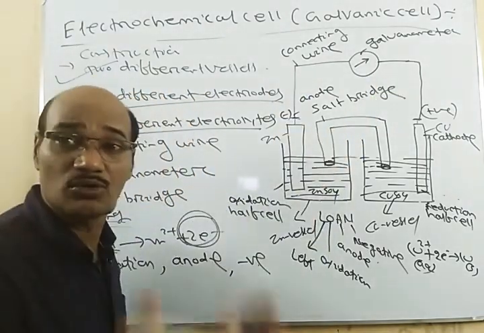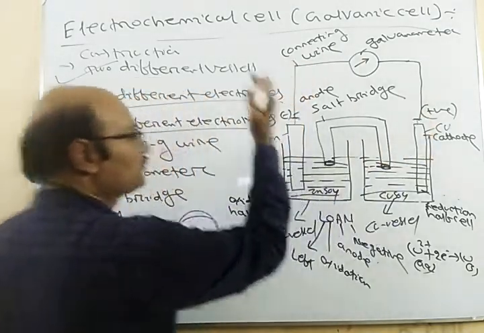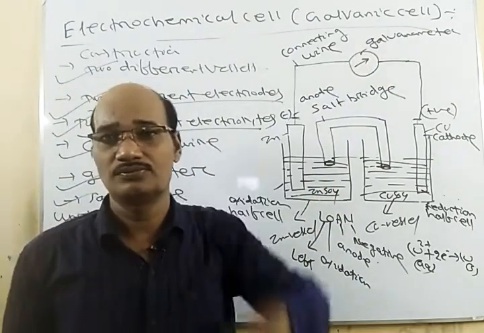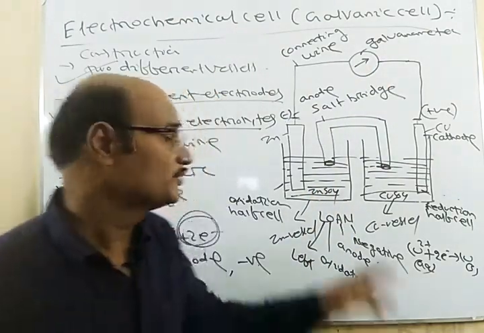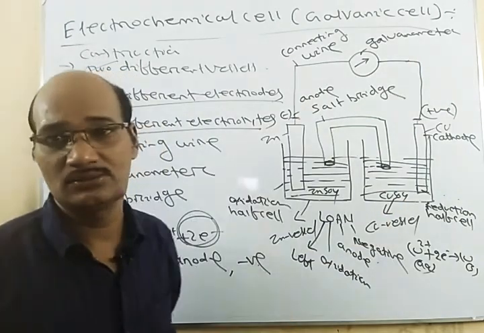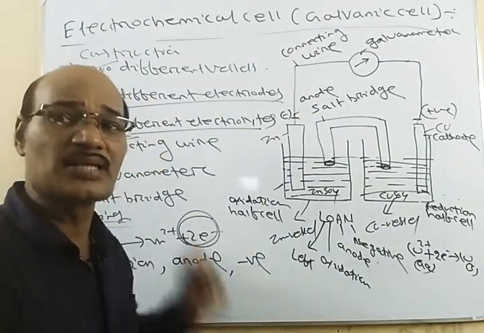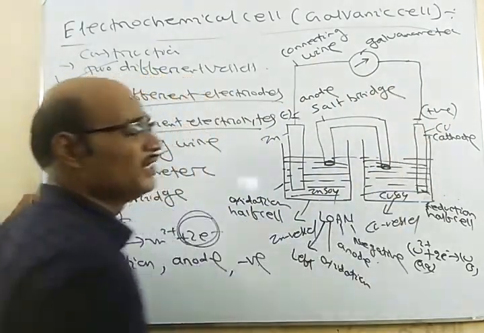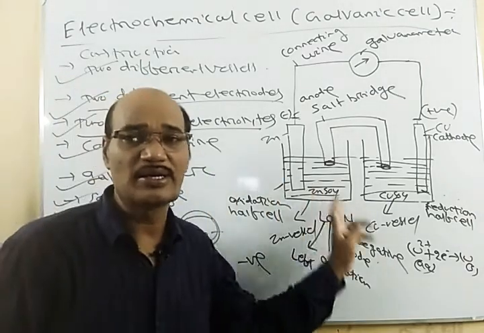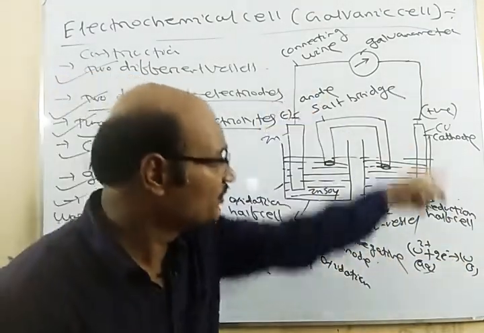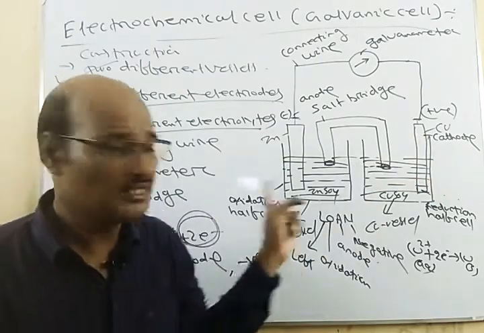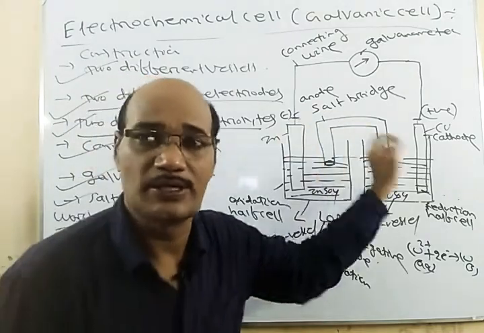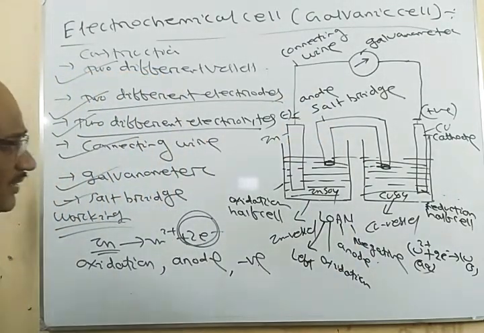So the conduction current flows through the external circuit, and this flow of current is shown by the galvanometer. In this way, there is a production of electric current as a result of chemical reactions. A cell generating electric current as a result of chemical reaction is called a galvanic cell or electrochemical cell.